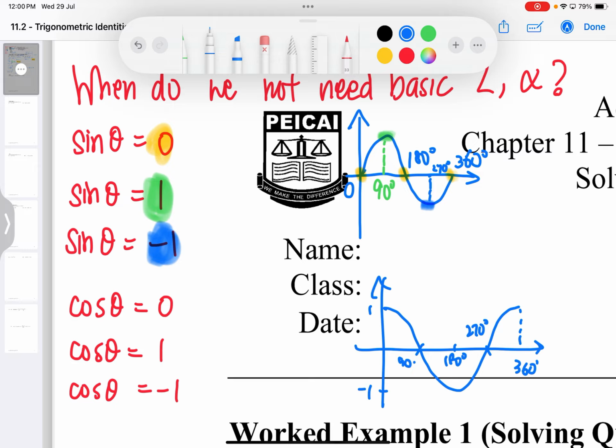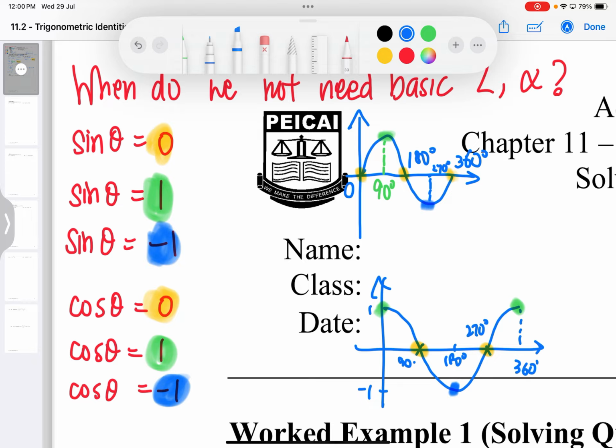When cosine is 0, it will be here and here, 90 and 270. When it is cosine 1, it will be here and here. Then when it is negative 1, it will be here.